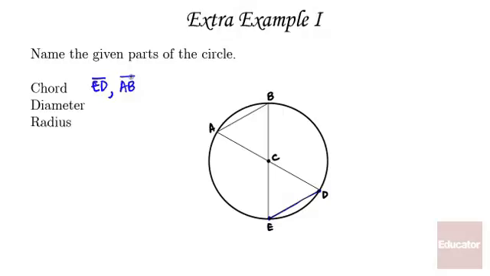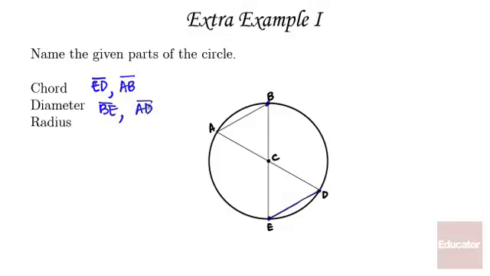The diameter has both endpoints on the circle, so 1 and 2, and it passes through the center. So BE would be a diameter, and another one, AD, is a diameter.